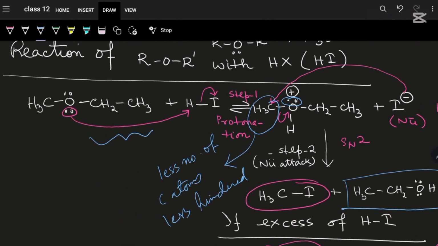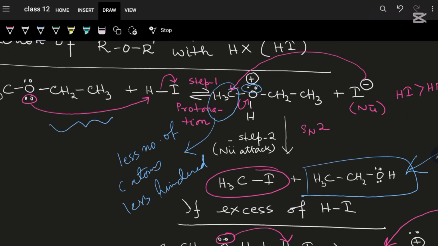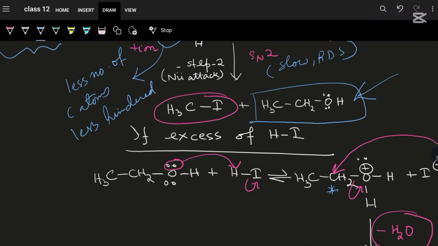So first is protonation, the ether gets protonated. Only if it is alcohol is it called oxonium ion. This is not called oxonium ion, it's just a protonated ether. After this there is nucleophilic attack, which is the SN2 type, and this is the slow RDS of the reaction, and you get one alkyl halide.